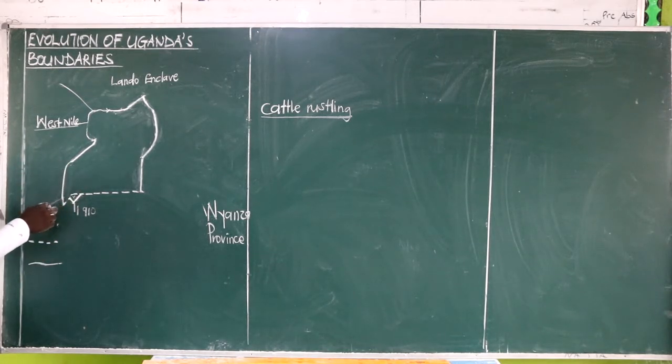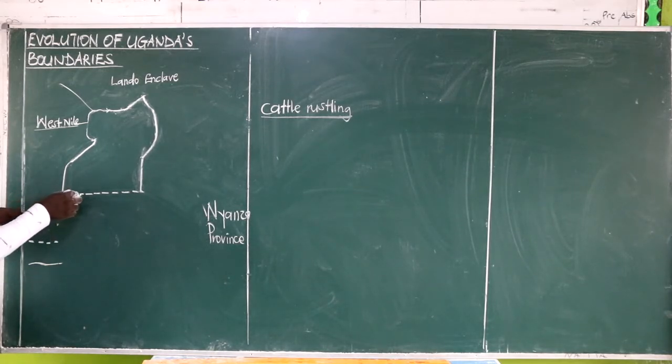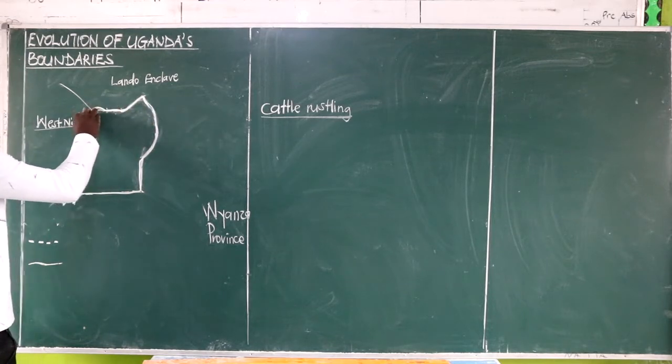And also down here, we have seen some part which was added from German East Africa. That's the one I called Tanzania. That is in 1910 into Uganda. So the border is no longer here. And finally, we now have our country, Uganda, in this shape. This is now how we have Uganda looking like.